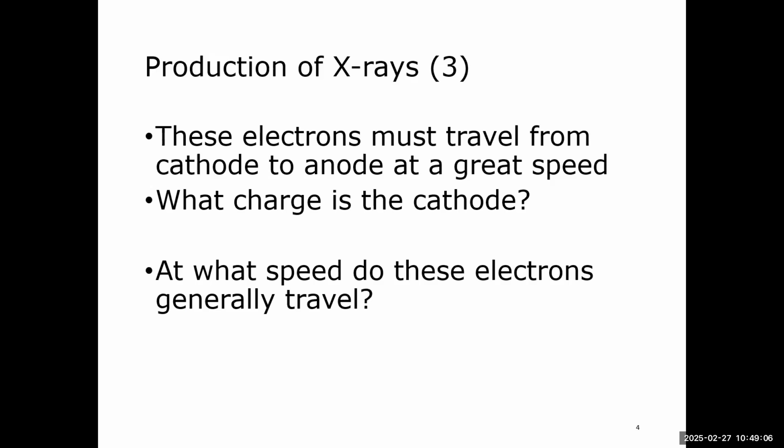Half the speed of light. The photons are what always travel at the speed of light. So those electrons going from the cathode over to the anode, it's about half the speed of light. And that's determined by what setting on the control panel? kVp. Yeah, it's going to determine the speed at which those electrons travel across the tube.